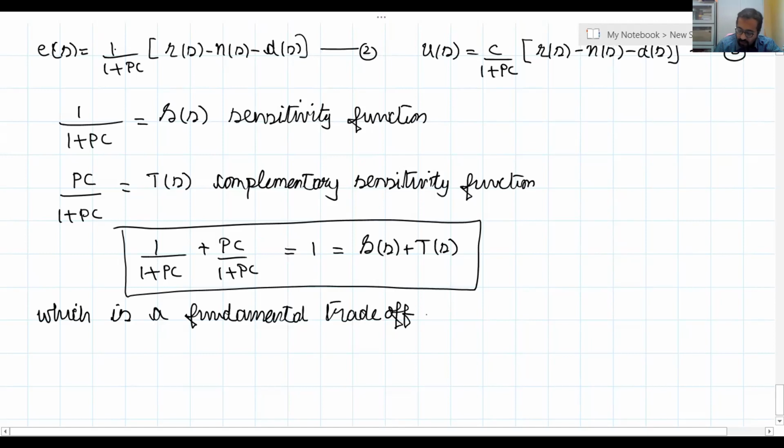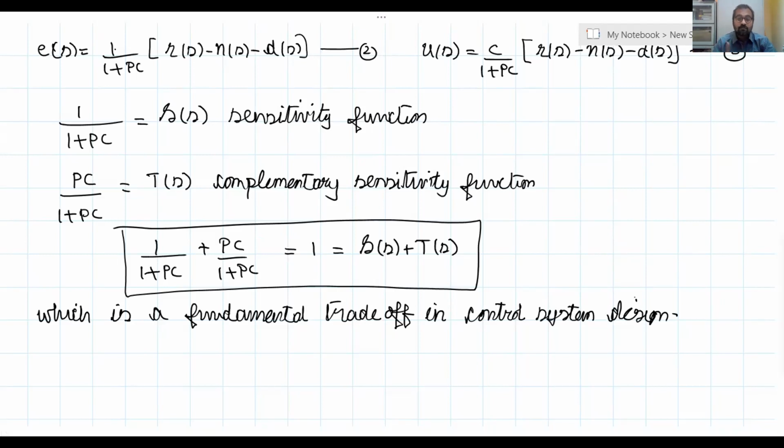Fundamental trade-off in control system design. What does it mean? It means that at a given time, both sensitivity and complementary sensitivity cannot be high or small at the same time. If sensitivity is high, then complementary sensitivity has to be small, has to be low.